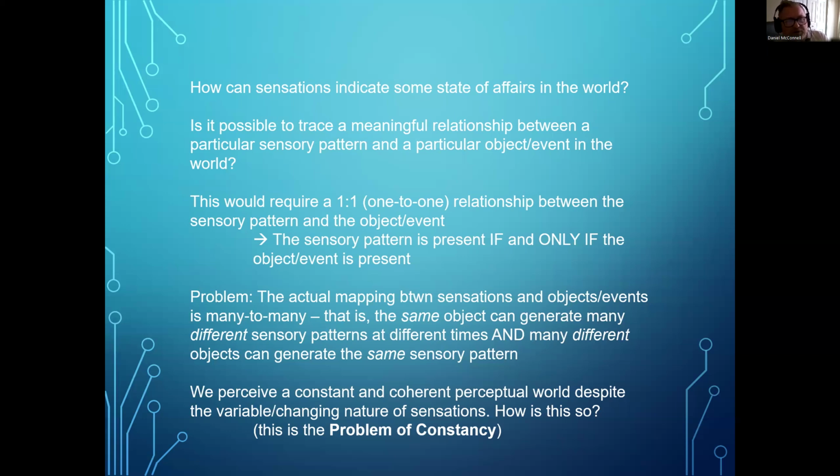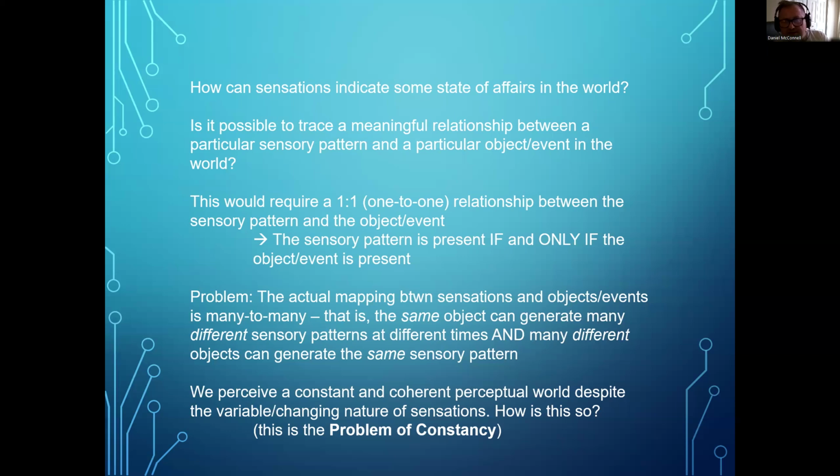So it would be nice if there was what we would call a one-to-one relationship between sensory patterns and objects or states of affairs in the world. What is that? A one-to-one pattern. That's what would happen if every time I looked at Mr. Spock or the actor Leonard Nimoy, the exact same pattern of light arrived at my eye and created the exact same retinal sensory pattern.